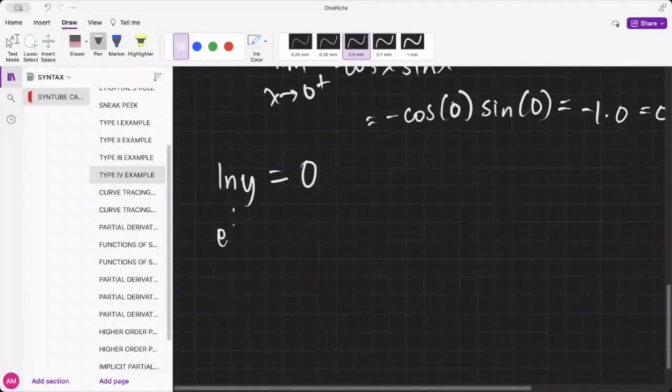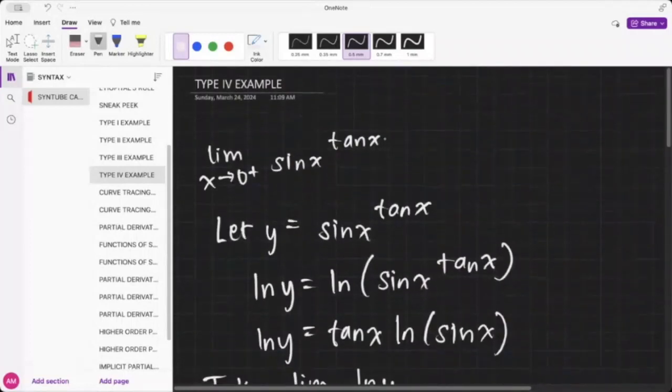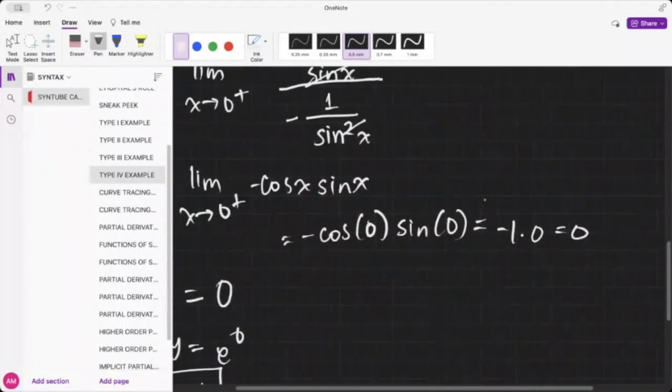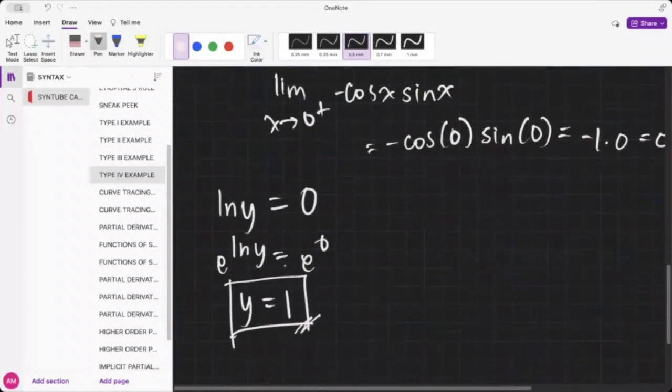To get y, you raise both sides to e raised to 0. Y is equal to 1. And this is your final answer. That's the limit of sine x raised to tan x as x approaches 0 from the right. So be careful here. This is not yet your final answer. You still have to equate it to ln of y. This is where mistakes often happen.